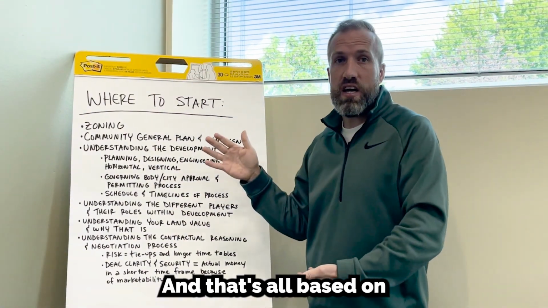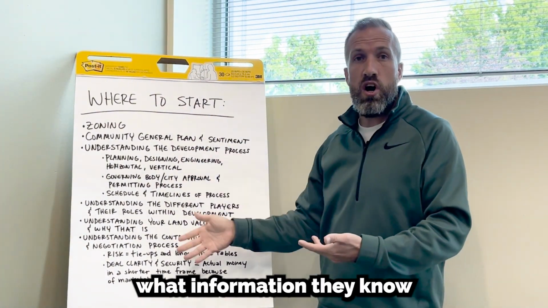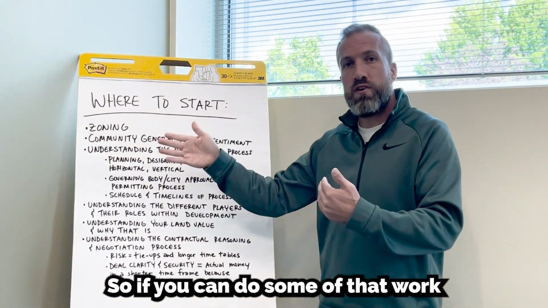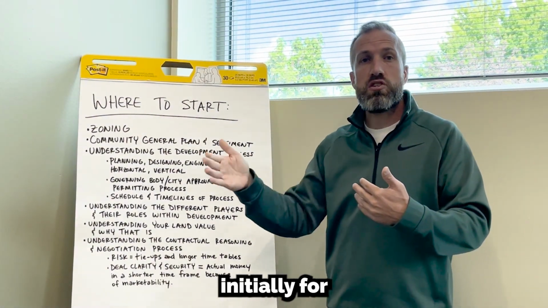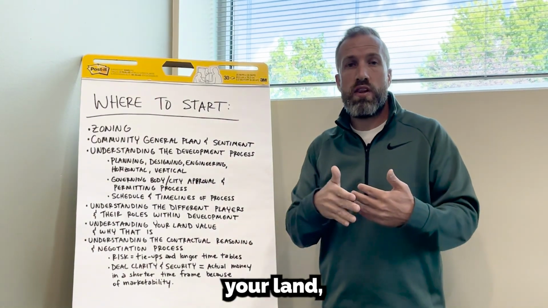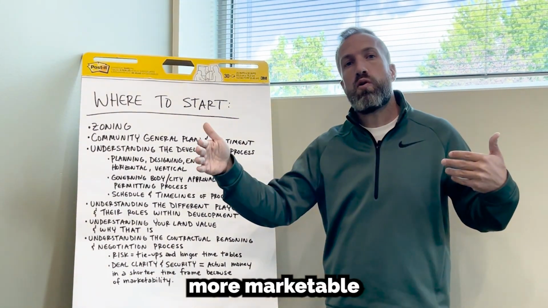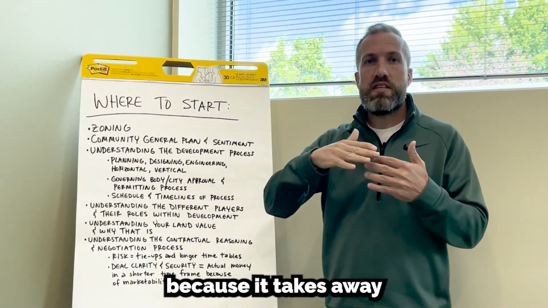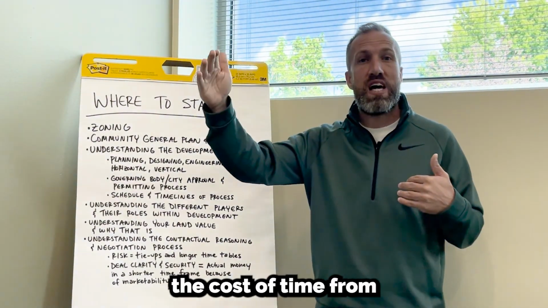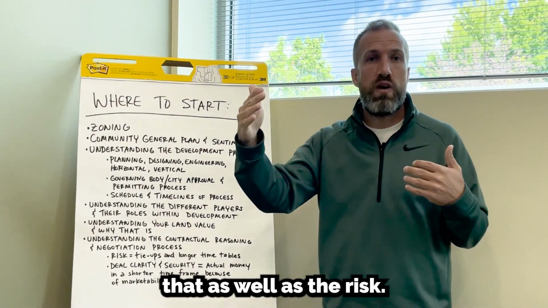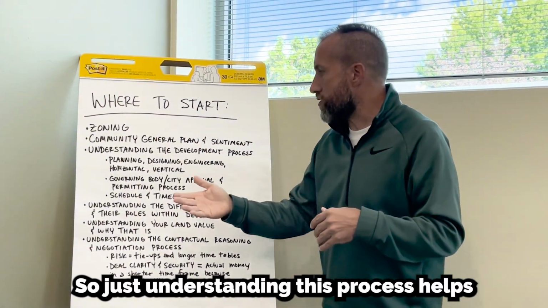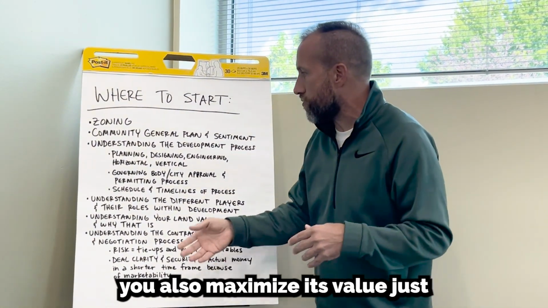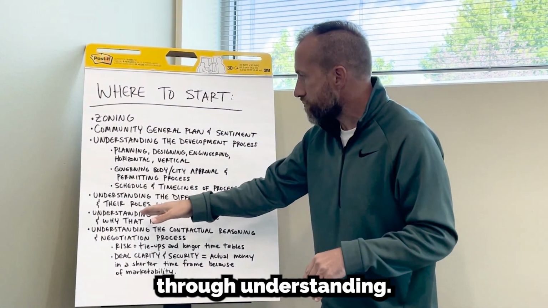And that's all based on what information they know or based on the timelines of working with the city. So if you can do some of that work initially for your land, then your land's going to be way more marketable, and they'll pay a premium for that because it takes away the cost of time as well as the risk. So just understand this process helps you also maximize its value just through understanding.